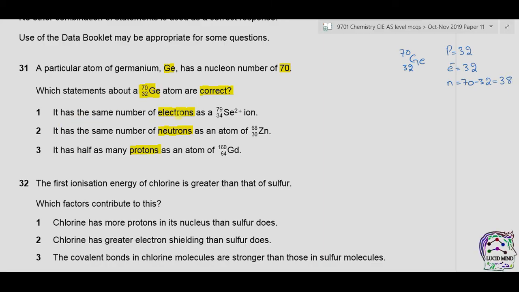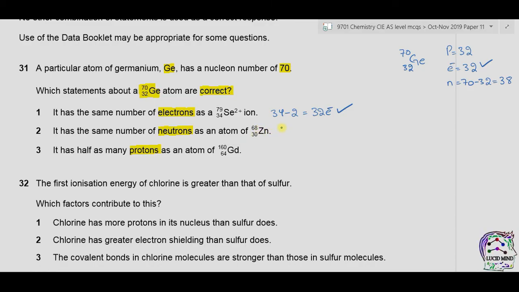1. It has the same number of electrons as a selenium 2+ ion, 79 34. Now in selenium the atomic number is 34, which means there were 34 electrons present. Now when the charge is plus 2, it means 2 electrons are lost. Now the number of electrons left is 32, which is in accordance with germanium, so option 1 is correct. 2. It has the same number of neutrons as an atom of zinc 68 30.